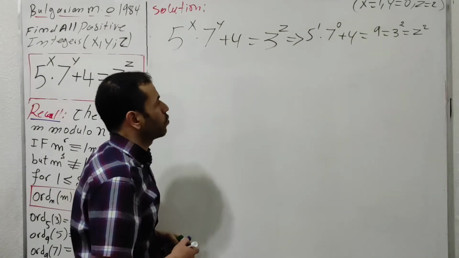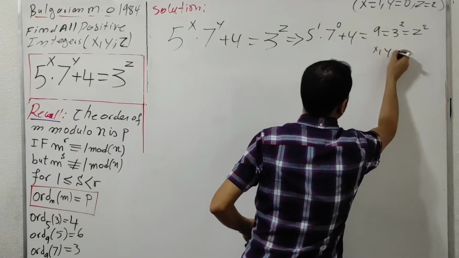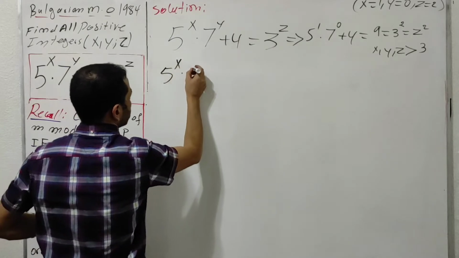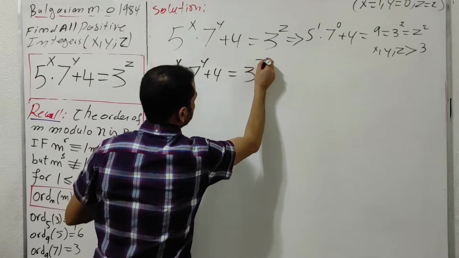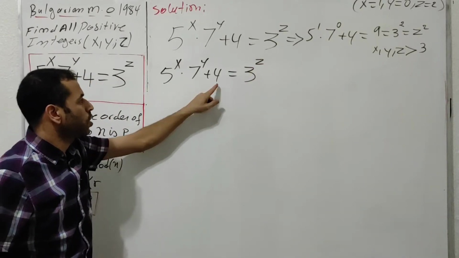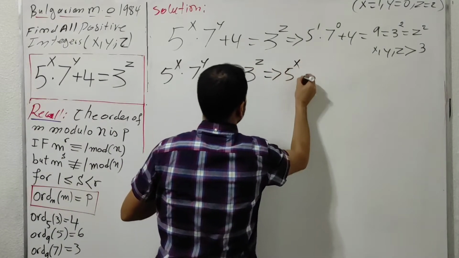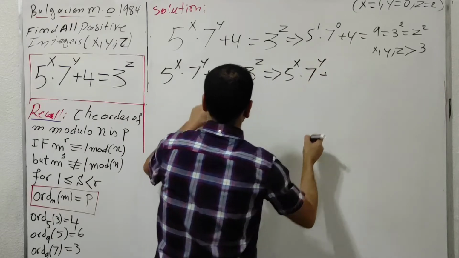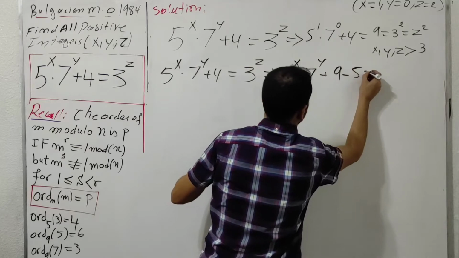Now let's move on to the general case, when we have x, y, z. Now we have this equation, 5 to the x multiplied by 7 to the y plus 4 equal 3 to the z. Now I'm going to use the trick in order to factor this one. I'm going to write 4 as 9 minus 5.